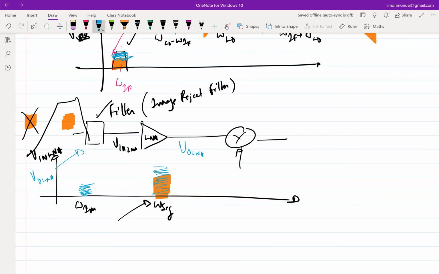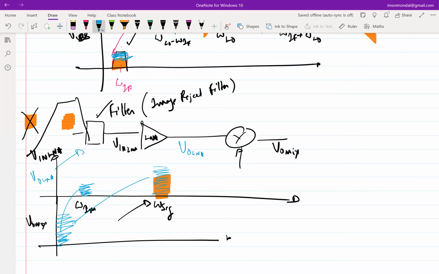So now when you mix, at the output of the mixer, obviously both these noises are going to come down. This noise comes and this noise also comes, and you get enhanced noise, right?